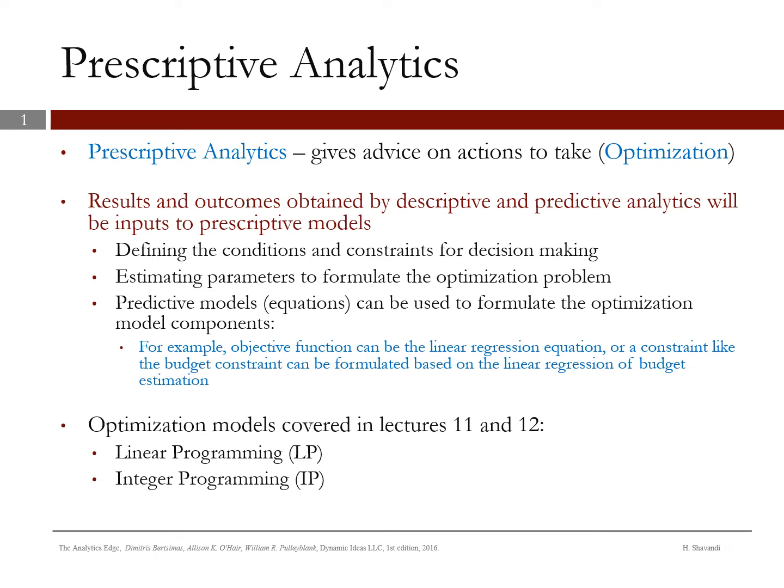The conditions and constraints of the decision-making problem can be defined by the results obtained by the descriptive and predictive analytics, or we can use predictive models to estimate the parameters to formulate our optimization problem. And we can use the predictive model equations, like the regression equation, to formulate the objective function or the constraints of our optimization problem.